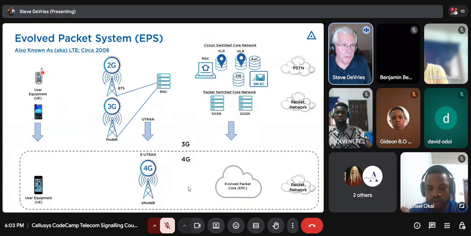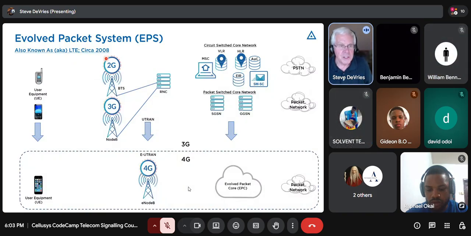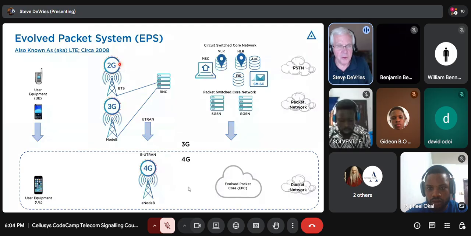So your user equipment, the RAN, the radio access network, and then the CN, the core network. The user equipment was still called user equipment in 4th generation. Your base transceiver station, which was handling your circuit switch on the radio side, and your node B, which was handling your 3rd generation.